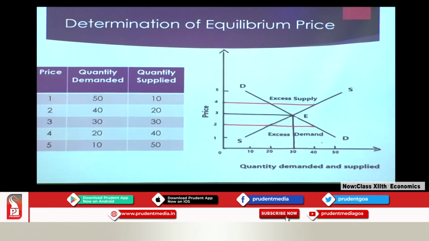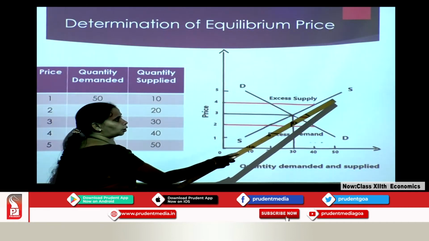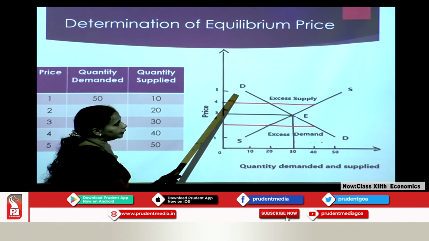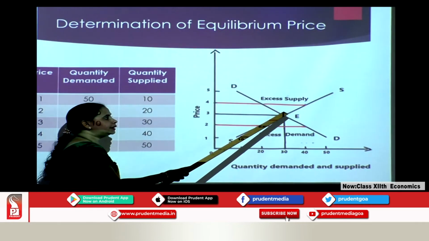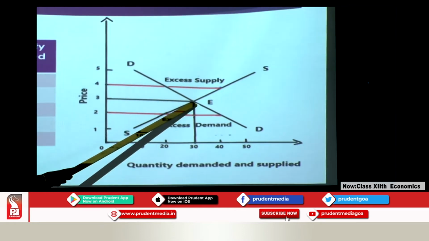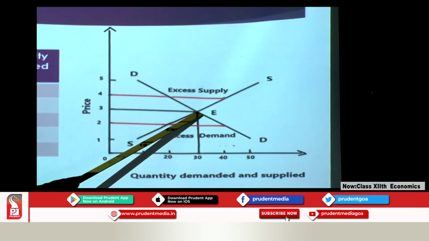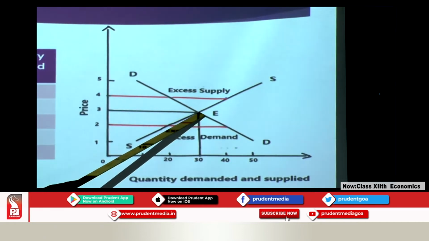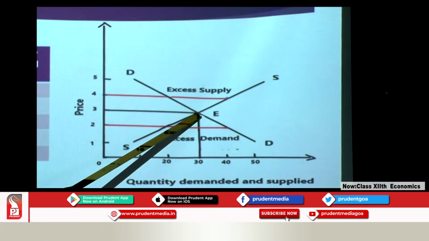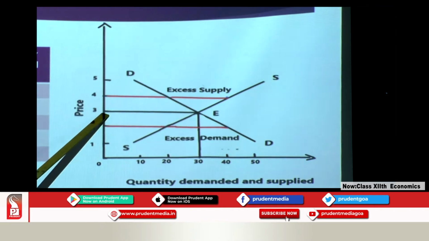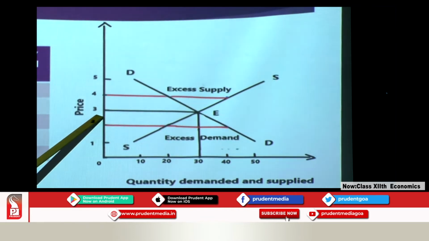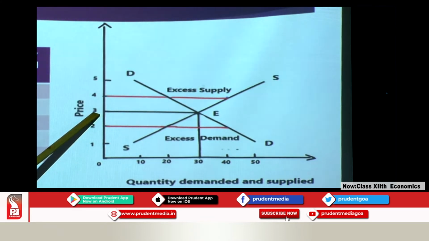So if you see the DD curve and the SS curve, the point of intersection is at point E. So, you have this as the equilibrium point. Now, here if you take a horizontal line from this point to the y axis, this is the equilibrium price which is obtained, which in this case is 3.